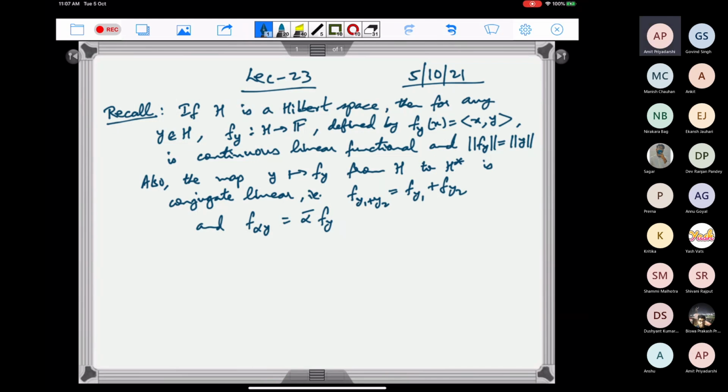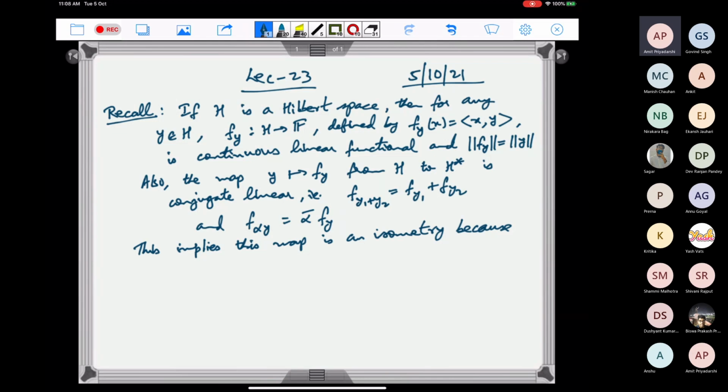So one thing to note is that this implies this map is an isometry. This is because for an isometry, the distance between the images should be the same as the distance between the two points.